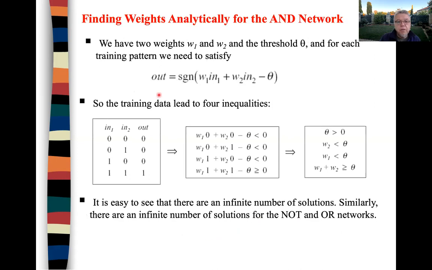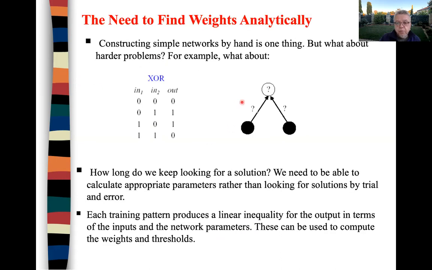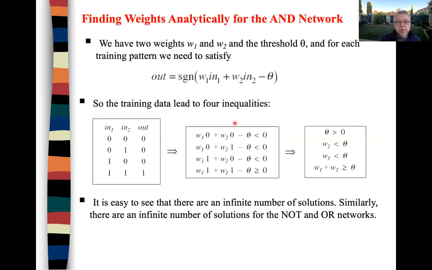For example, if we have a network like this, out is the sign of W1 in1 plus W2 in2 minus theta, which is the threshold or the bias. So we have two weights, W1 and W2, and the threshold theta. And for each training pattern, we need to satisfy this equation.